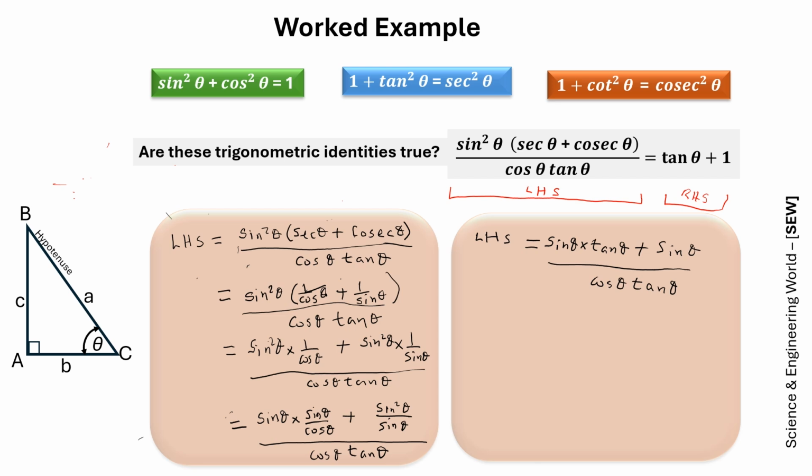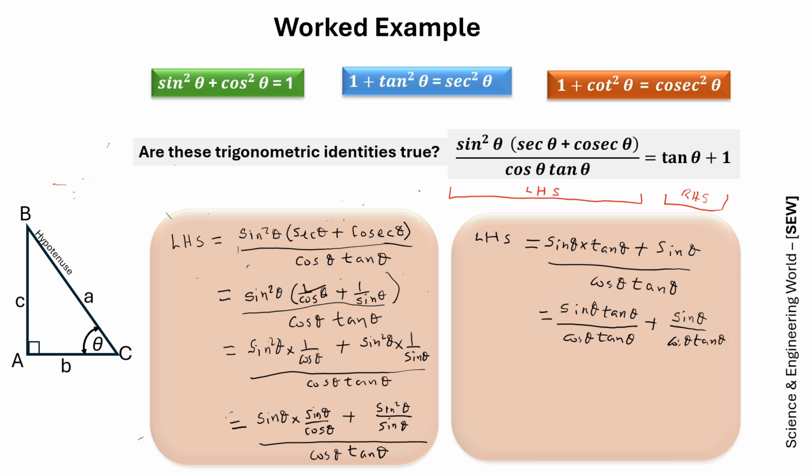So, splitting it into 2, we are going to have sine theta tan theta over the same denominator, cos theta tan theta, plus sine theta over cos theta tan theta.